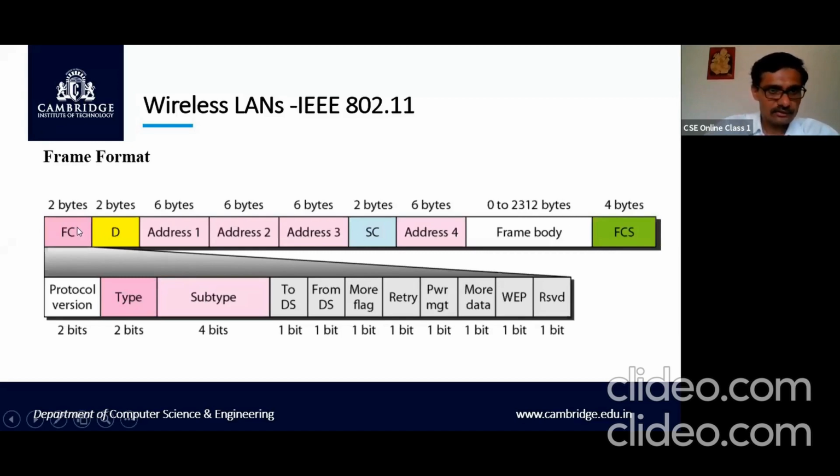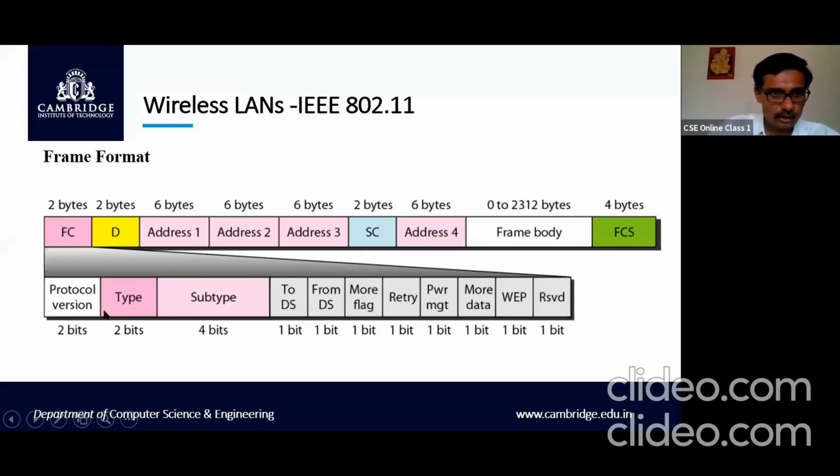Let us discuss the fields one by one. You can see FC, frame control. It's 2 bytes long, 16 bits. That frame control has subfields: 2 bits, 2 bits, 4 bits, and all the remaining are 1 bit.